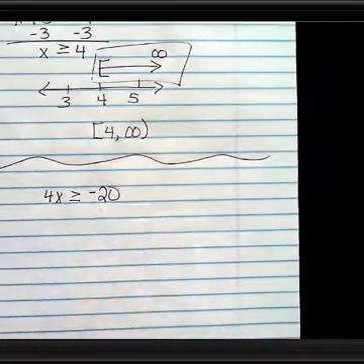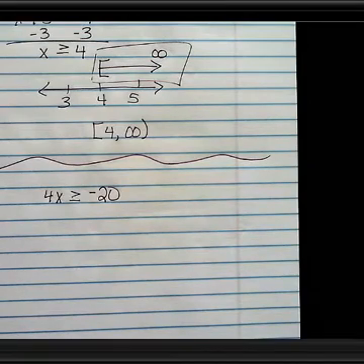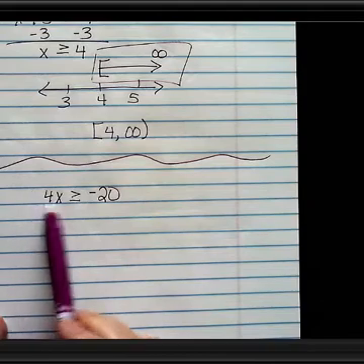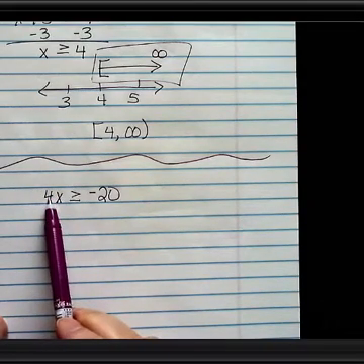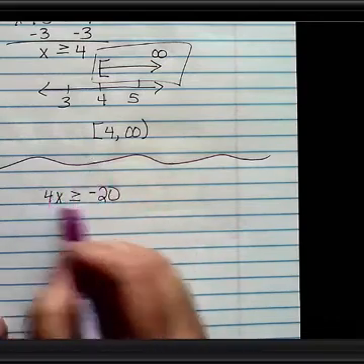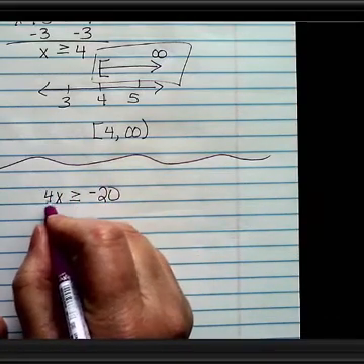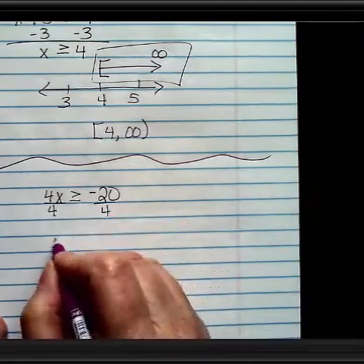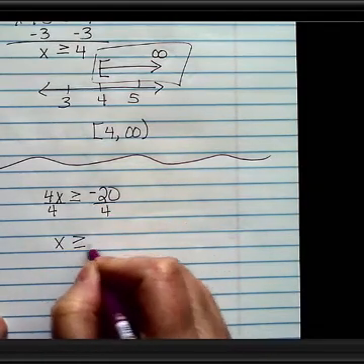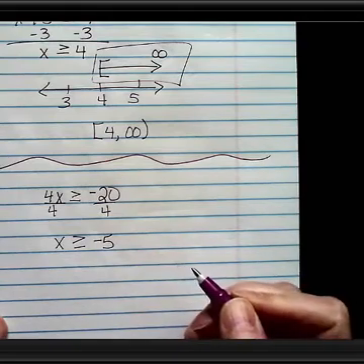Now there is a rule about dividing with negative numbers, but it only applies if you're ending up with this number being negative. If your variable isn't a negative number, you don't have to worry about this. Right now, my goal to solve this would be divide both sides by 4. X would be greater than or equal to -5.